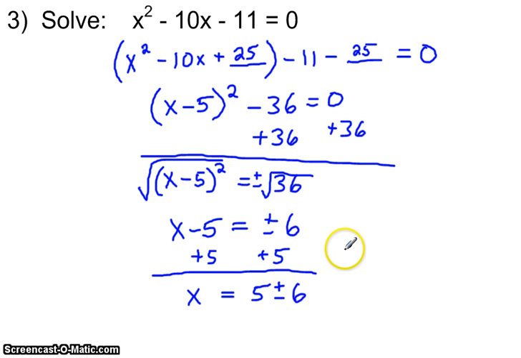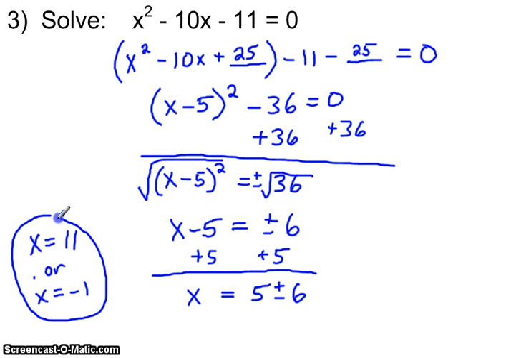So what this means is that I've got two answers. Just like before, x would be 5 plus 6, which would be 11, or x would be equal to 5 minus 6, which would be negative 1. And this didn't come out to be radicals or decimals or anything. These are integers. What that means is that up here, right at the beginning, this was factorable.